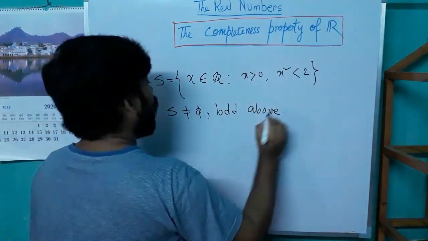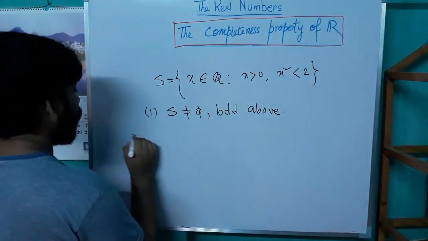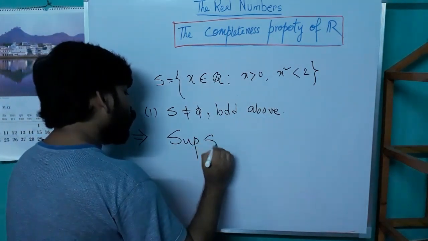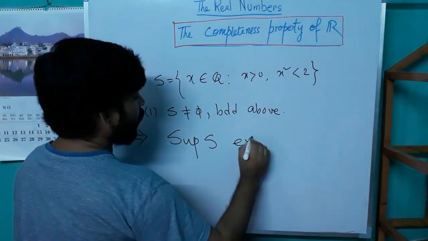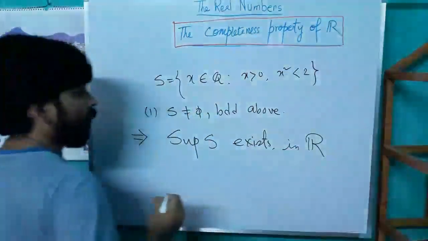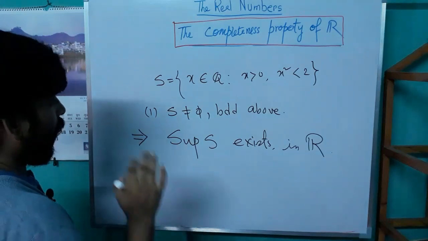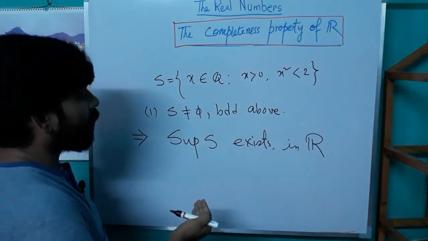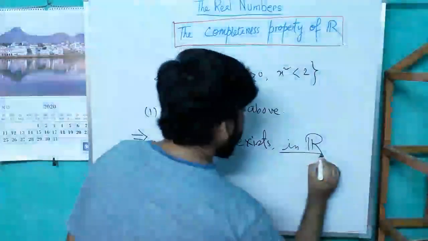So by the supremum property, sup of S exists in R, not in Q. The axiom helps us to ensure the existence of the supremum in R.